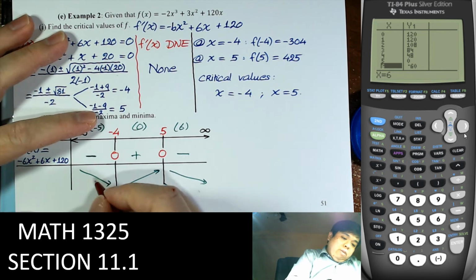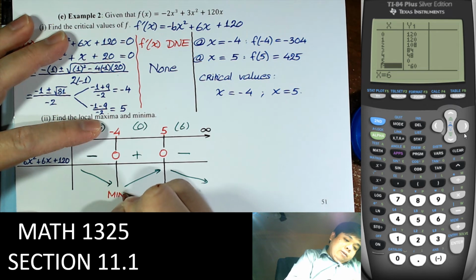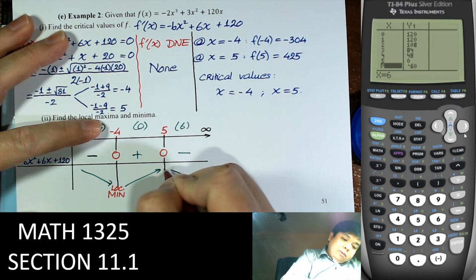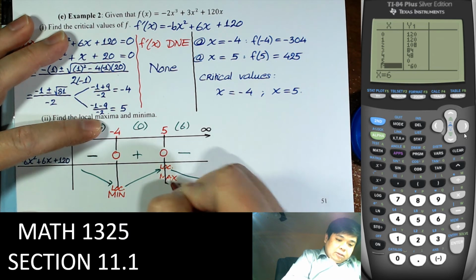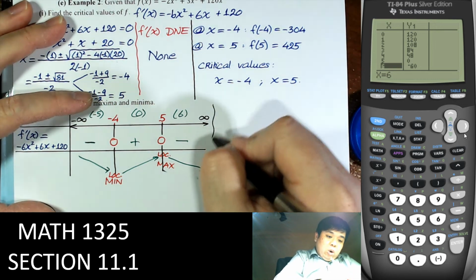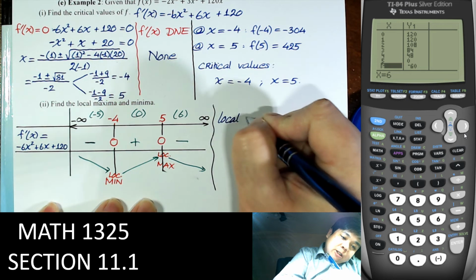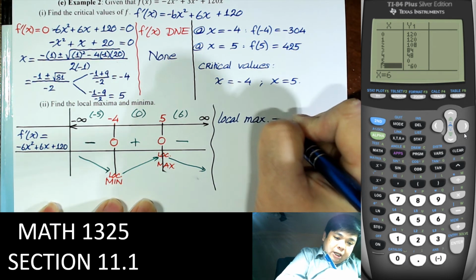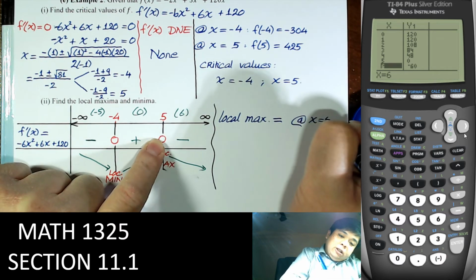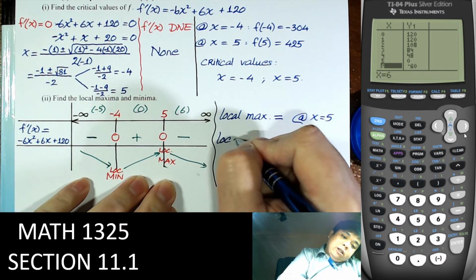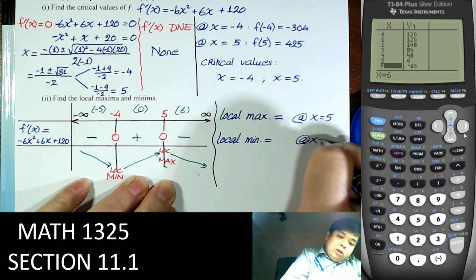So there will be a local max here and the local min here. So we write the conclusion. Local max equal to something when x equal to 5, and local min equal to something when x equal to -4.